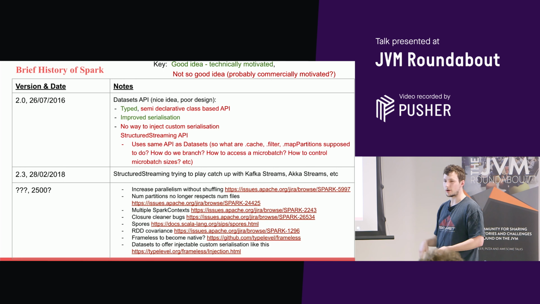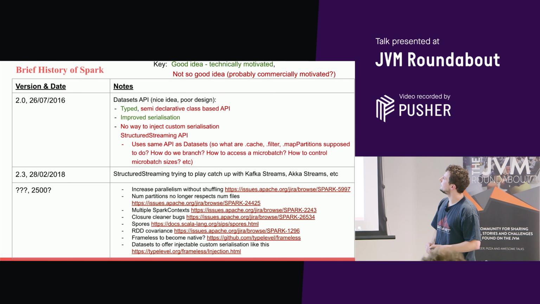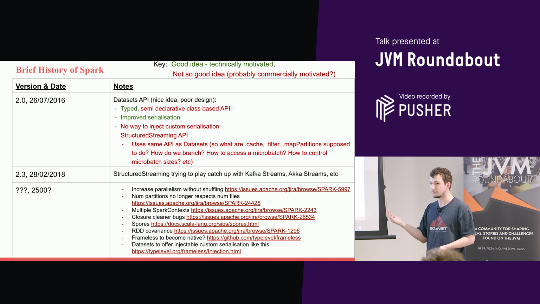Like cache will just throw an exception. It says, no, you're not allowed to do that because this is not a batch operation, this is a stream. Map partitions doesn't really make any sense. What is a partition? Is it a file? It used to be a file. Now a partition is a Kafka partition. So yeah, it messes with the semantics, which is quite frustrating.